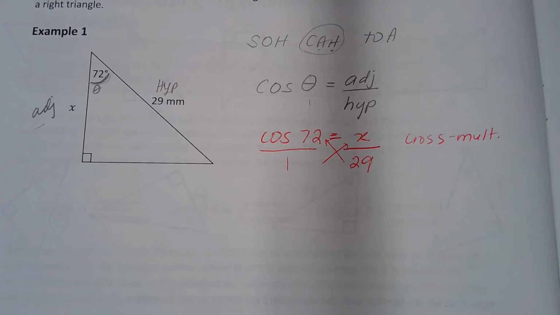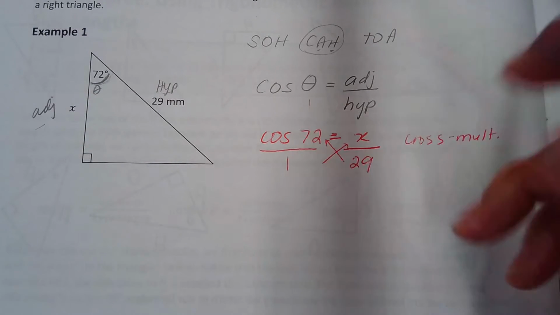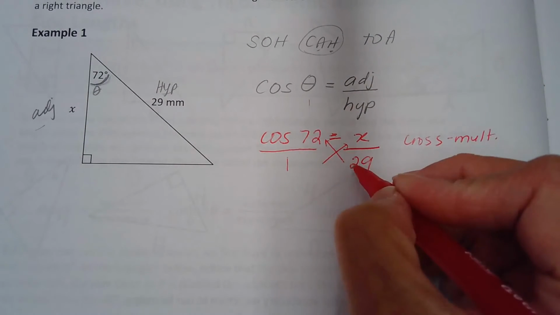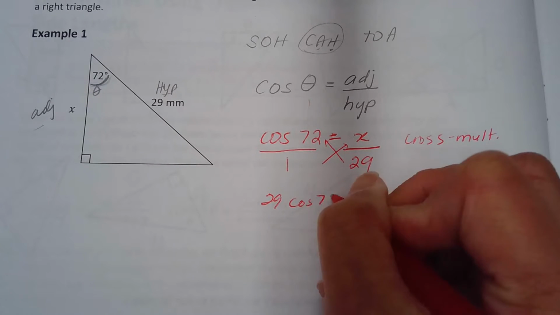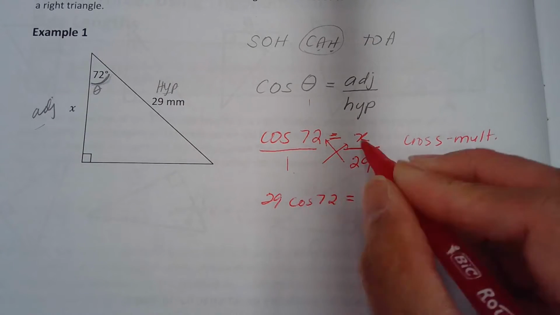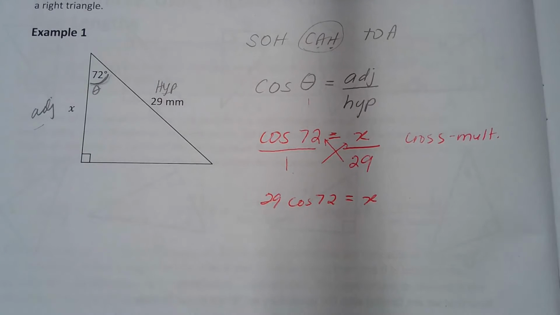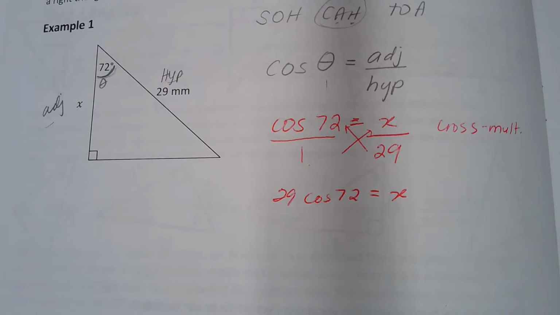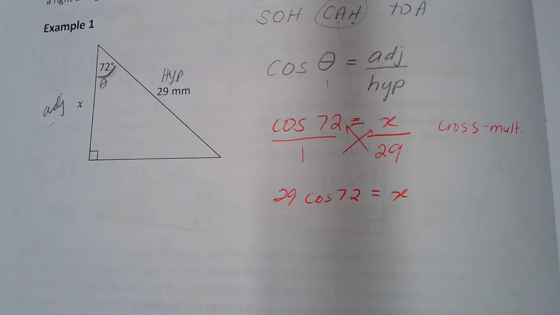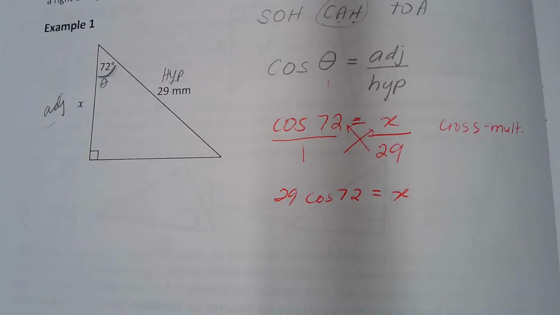So what we're going to do next is cross multiply. 29 cos 72 equals 1 times x, which is x. Have we solved for x? Is x isolated? Yeah, x is isolated. The only thing left is to figure out 29 times cos of 72.